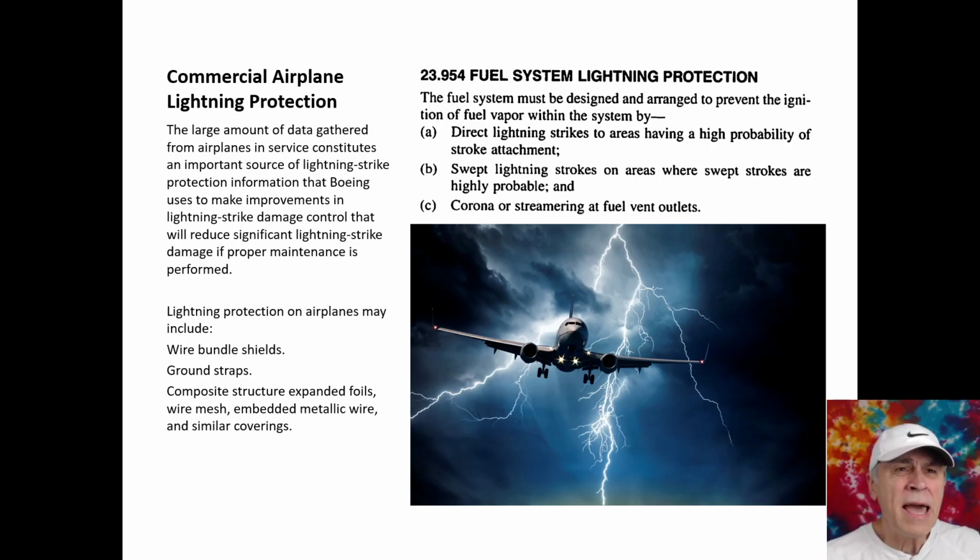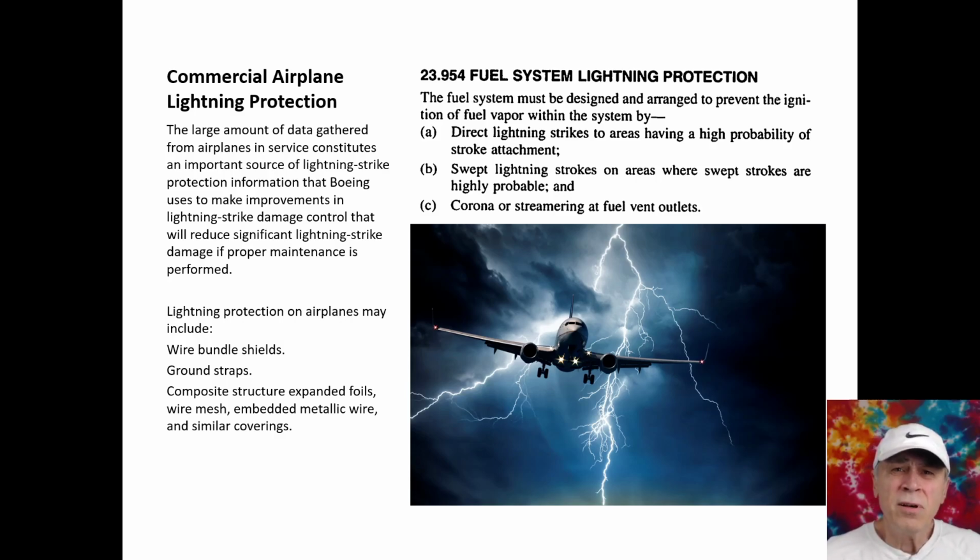A large amount of data gathered from airplanes in service constitutes an important source of lightning strike protection information that Boeing uses to make improvements in lightning strike damage control that will reduce significant lightning strike damage if proper maintenance is performed.